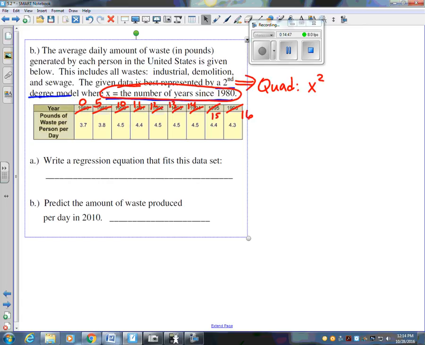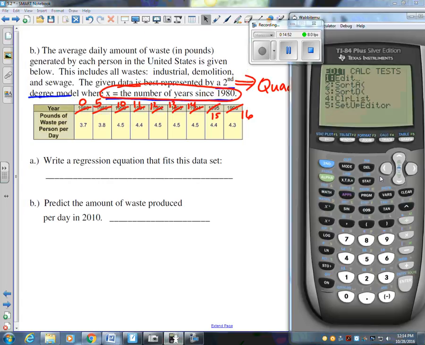Okay, so when you put that in your calculator, you have to use the new numbers. You need to put in 0, 5, 10, 11, 12, 13, 14, 15, and 16.